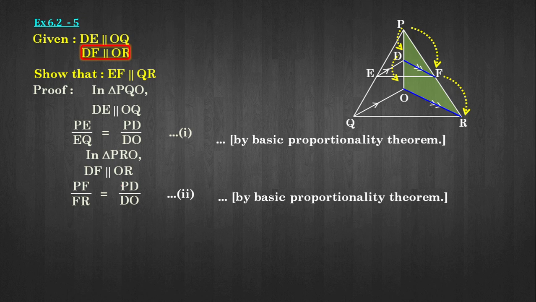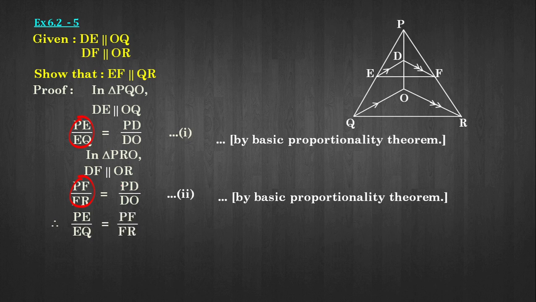Equal. By BPT theorem, PD by DO and PD by DO, both from equation 1 and equation 2. The right hand side part of equations 1 and 2 are equal. Then we compare the left hand side part, that is equal to what? PE by EQ is equal to PF by FR.